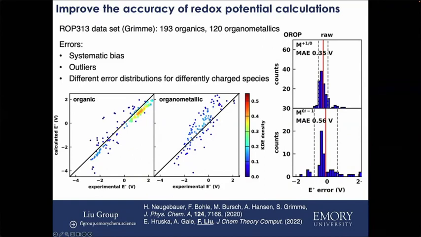There is some systematic bias. For the organic molecules, all of them tend to stay below the diagonal. For the organometallics, the distribution is also biased. At the same time, there are some very large error outliers. So we need to try to fix all these issues.